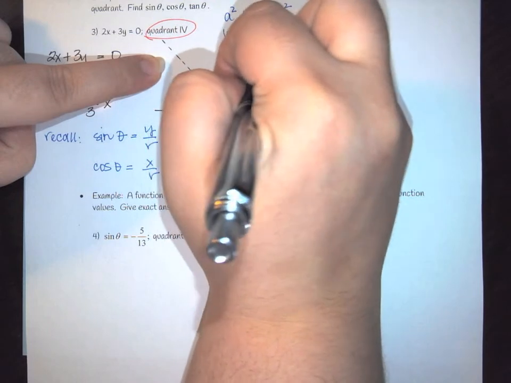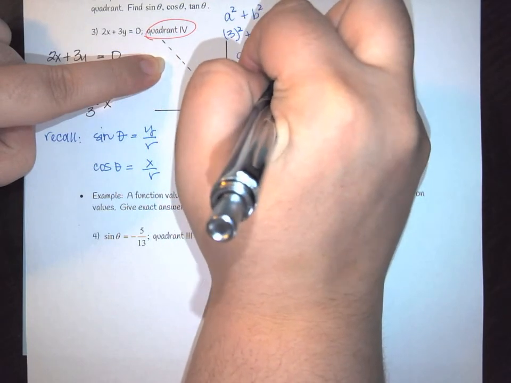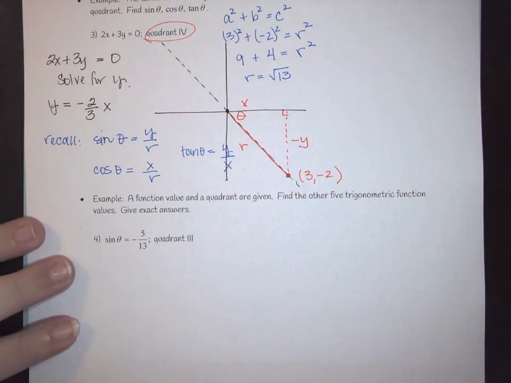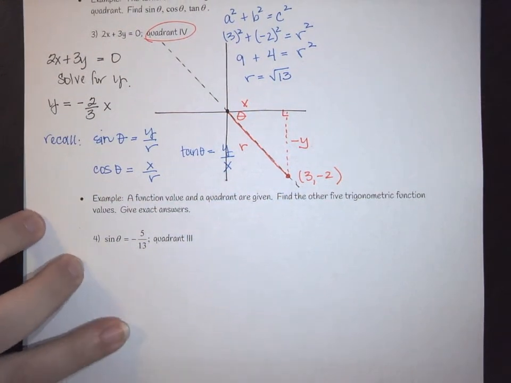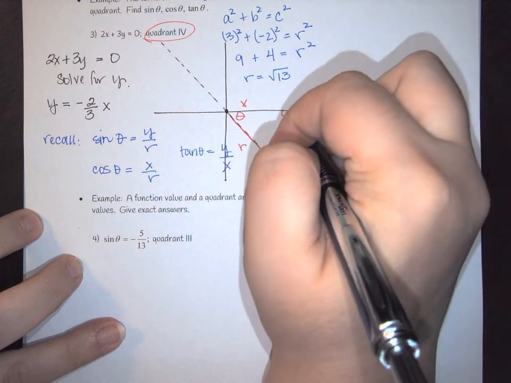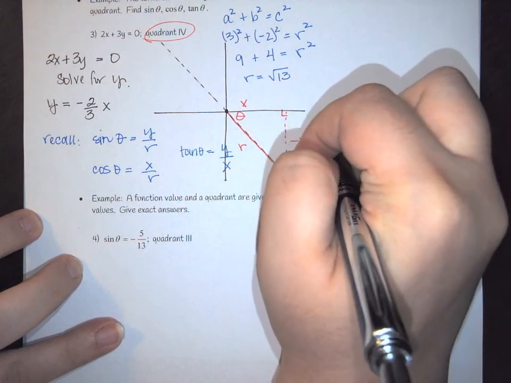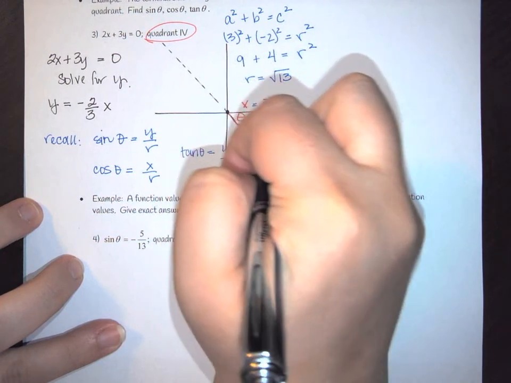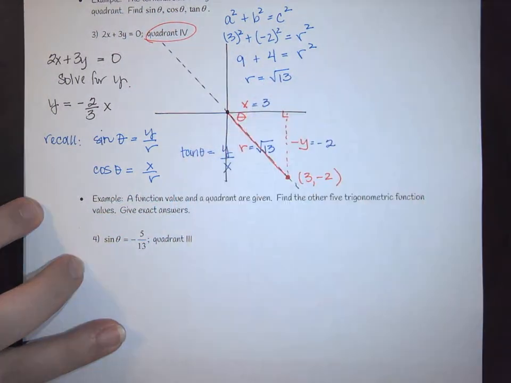So my radius is going to be the square root of 13. Okay. So I have all the values that I need in order to get going. My y here is negative 2. My x is 3. My radius is the square root of 13.